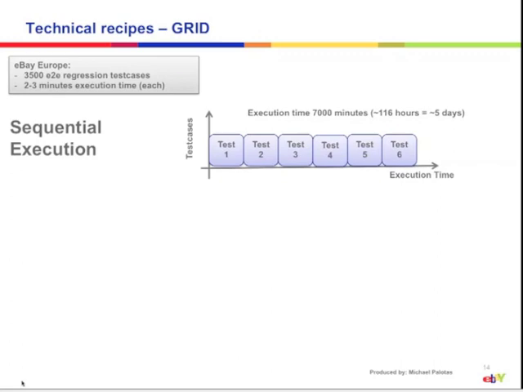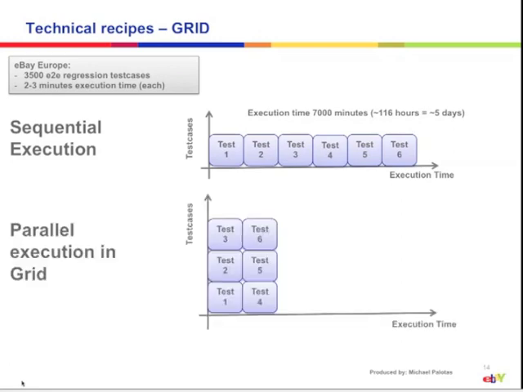So that's absolutely impossible, especially if you live in a more agile world. 5 days for one test run is not exactly what you want. And this is exactly where grid comes into play. I already mentioned that: Selenium 1 had a grid, and now WebDriver also has a grid, which allows you to run tests in parallel.